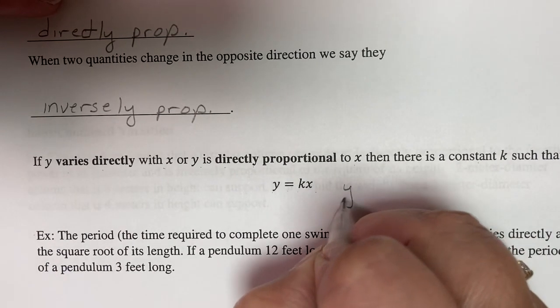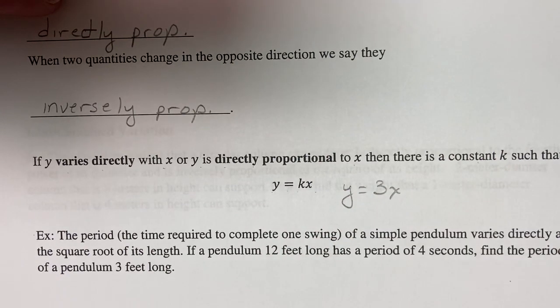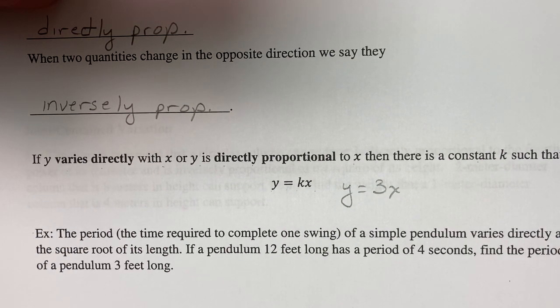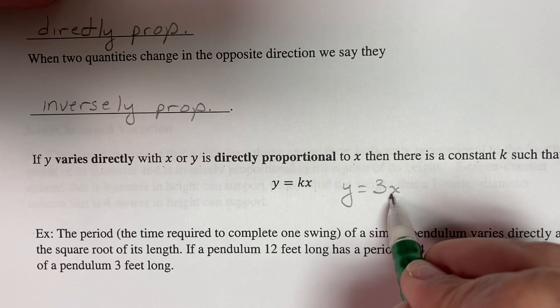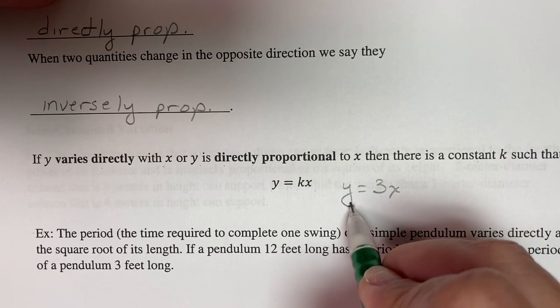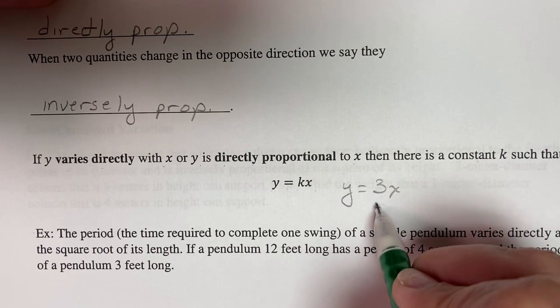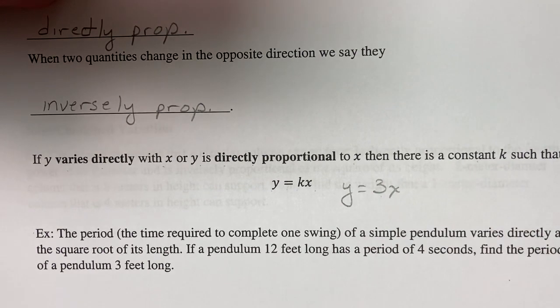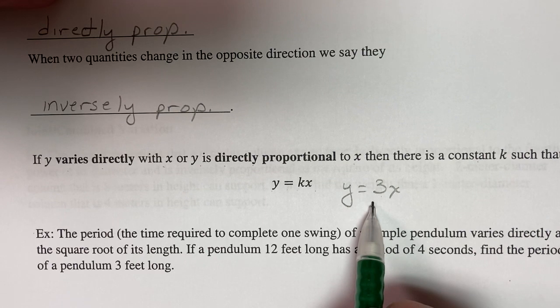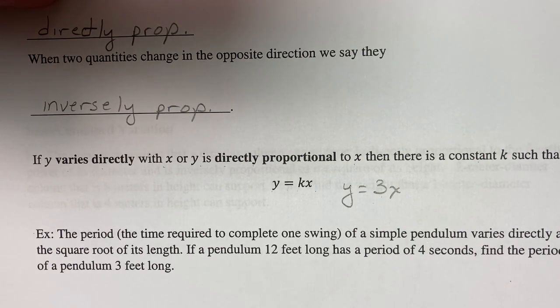For example, y = 3x would be a direct variation. It just means that x is being multiplied by 3 every time to get y. So the rate, think of it as a rate, is 3, kind of like a slope, if you think about it.